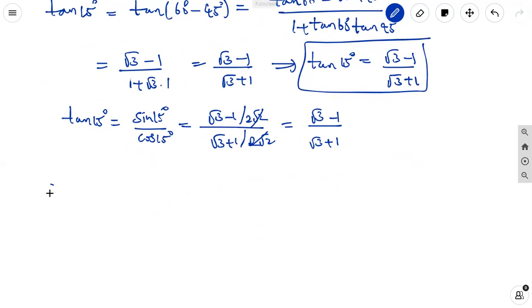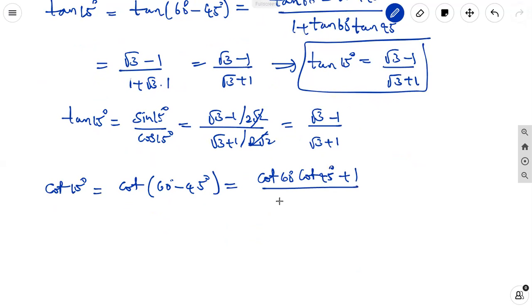And cot 15 degrees, you can take it using the formula for cot of 60 degrees minus 45 degrees, that is equal to cot 60 degrees cot 45 degrees plus 1 by cot 45 degrees minus cot 60 degrees.